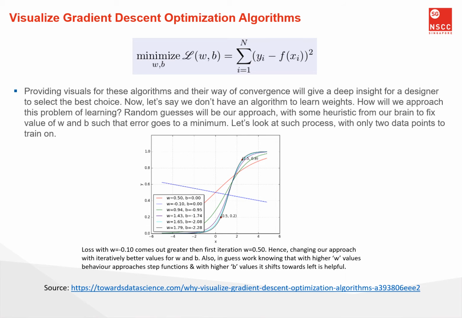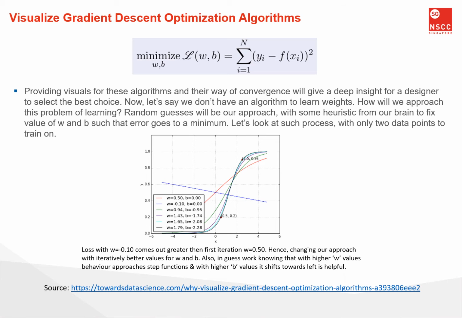So in gradient descent, the idea is to basically minimize the error function, or what we call the loss function, if we use a very simple loss function such as the mean square error loss. So this is actually a squared loss function, basically the y, the actual value, minus the predicted value, and then we square it. This is useful for regression type problems, and we can provide visuals for how the convergence occurs.